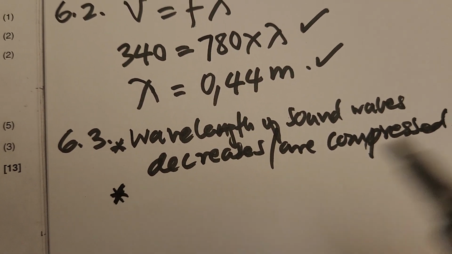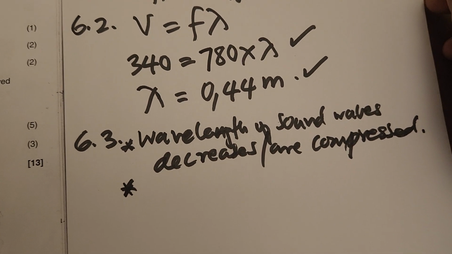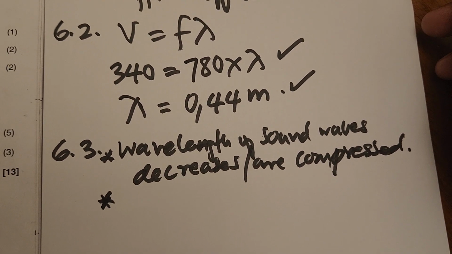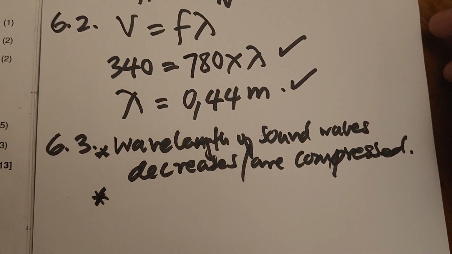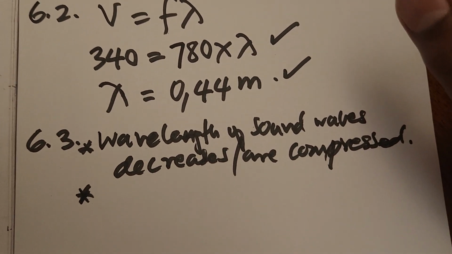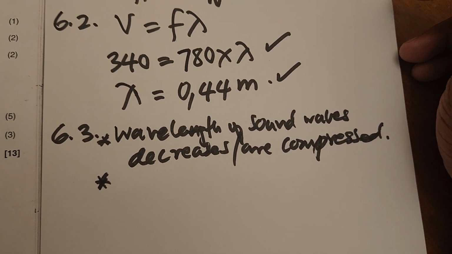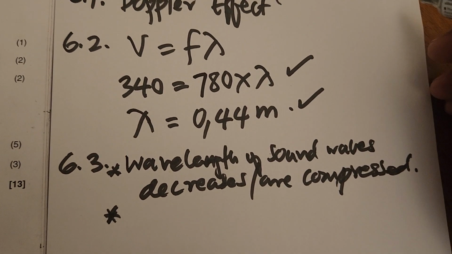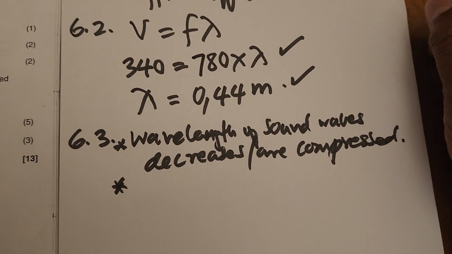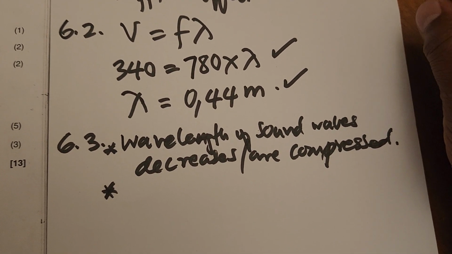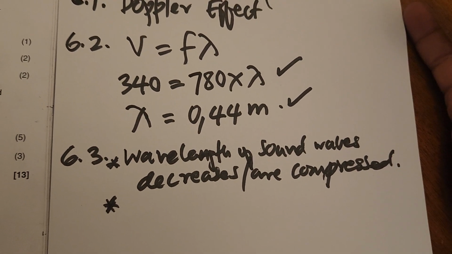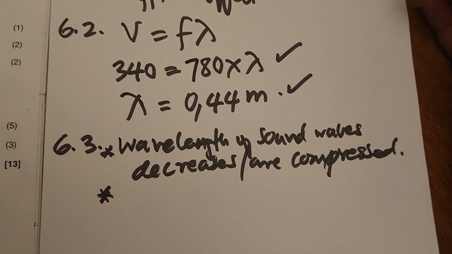That's the first point. Now the second point, the examiner wanted to know whether we really know frequency. If you don't know frequency, you won't get the second mark. To say, therefore, as a result, what makes the frequency increase is because, remember, frequency is the number of completed waves per second.